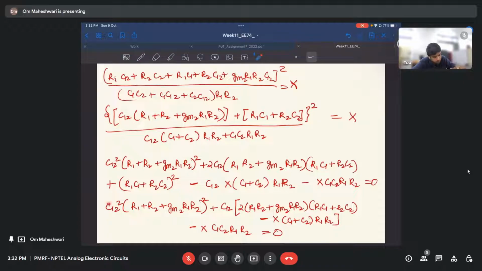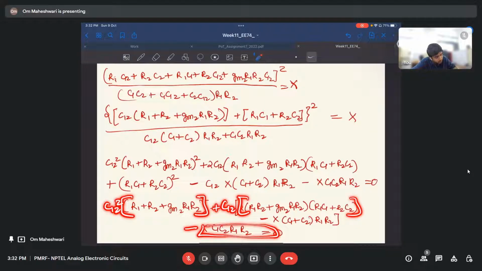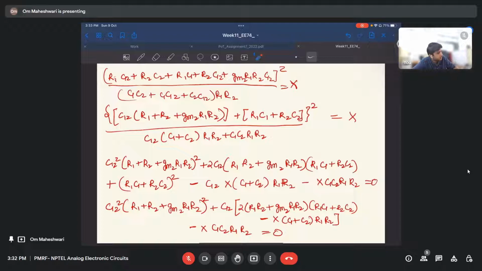So it is of the form C12 square into something plus C12 into something minus some constant C. It is a quadratic equation now.